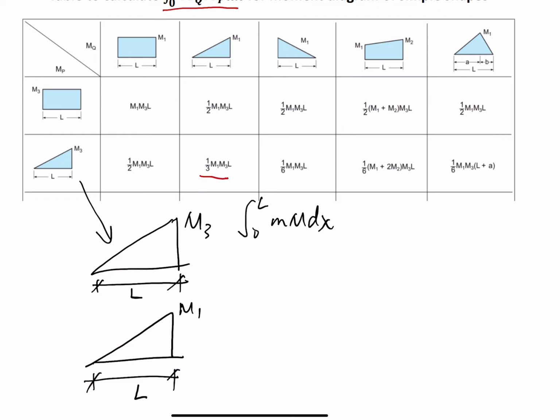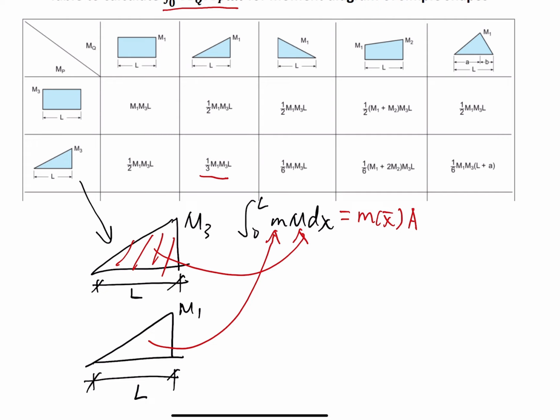If we treat this shape as the real bending moment, actually this shape is the virtual bending moment. We will find the integral is equal to m x bar times A.